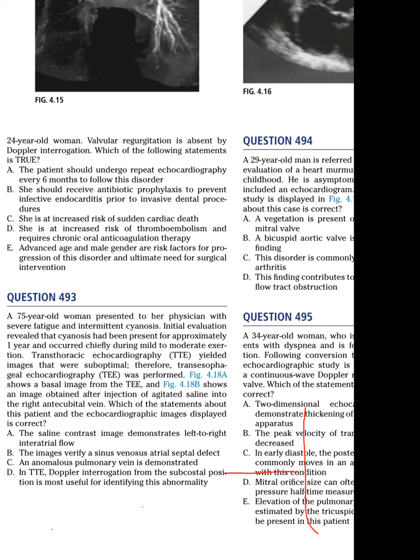C, she's at increased risk of sudden death. That is also not true. Asymptomatic mitral valve prolapse is not a risk for sudden death. D, she's at increased risk of thromboembolism and requires chronic oral anticoagulation. This is also not true for this patient.